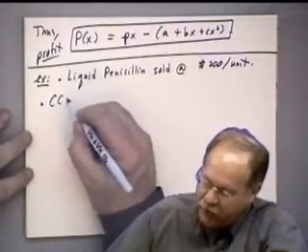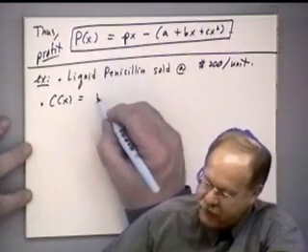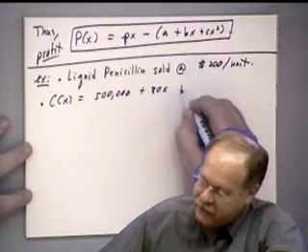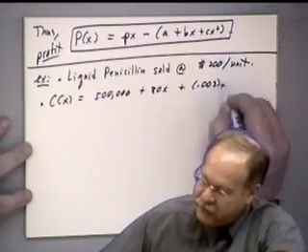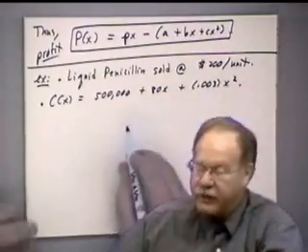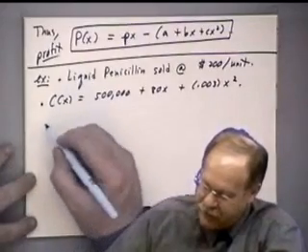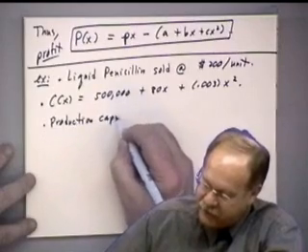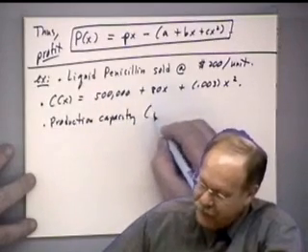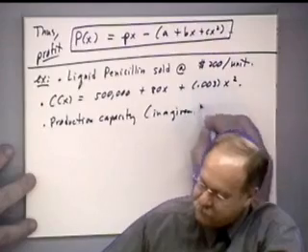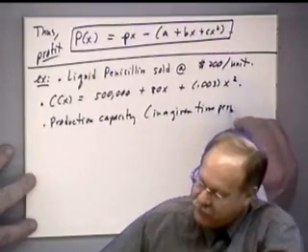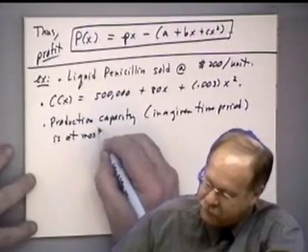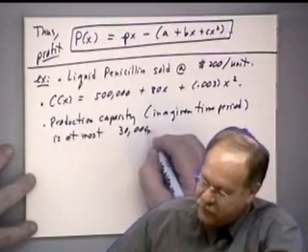Let us suppose that we are also told that the cost is computed as 500,000 plus 80x plus 0.003 times x squared, where x is the number of units sold. Another piece of information is that production capacity in a given time period, whatever that time period may be, is at most 30,000 units.